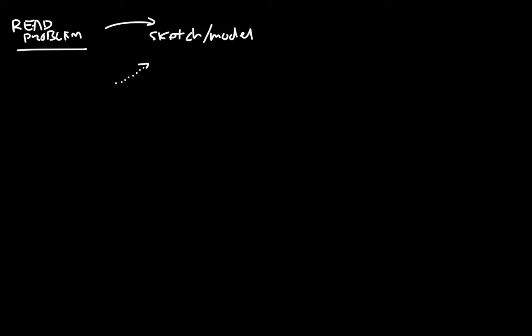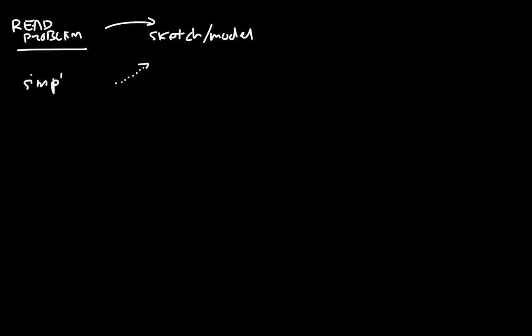For me, it starts with reading the problem. After I read the problem, the first thing I do is sketch or model what I see in the problem. This requires a very important step, which is to simplify.